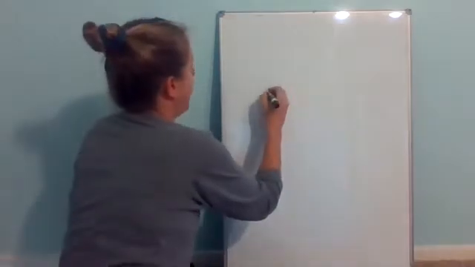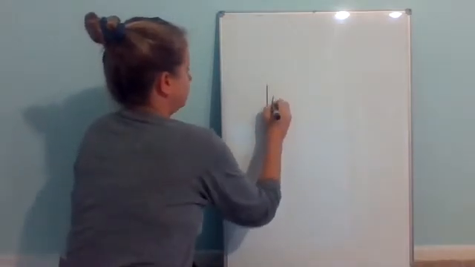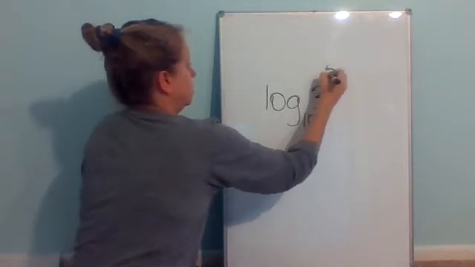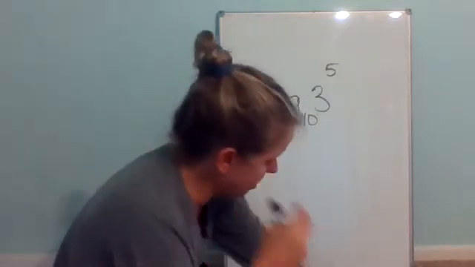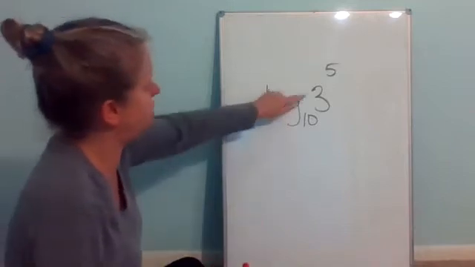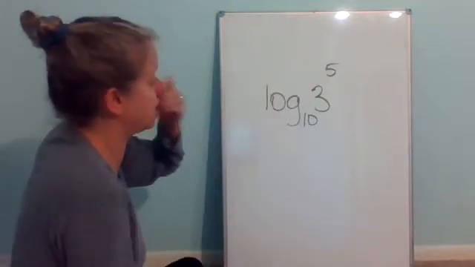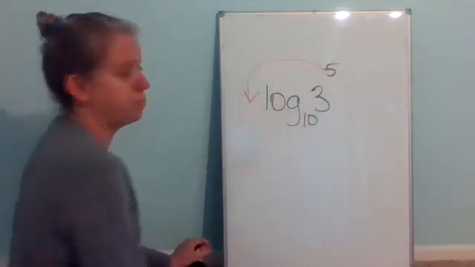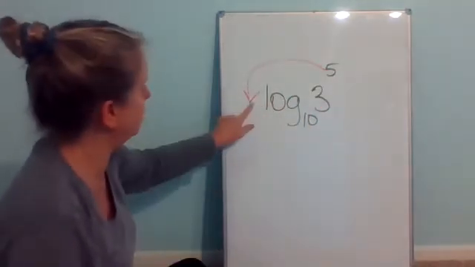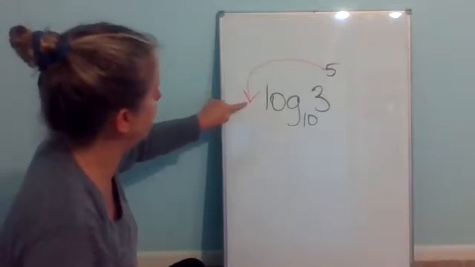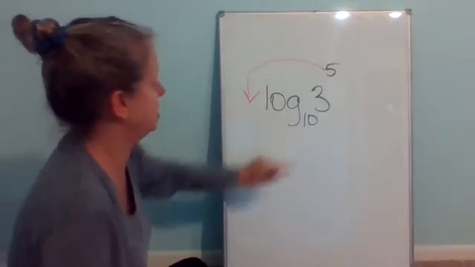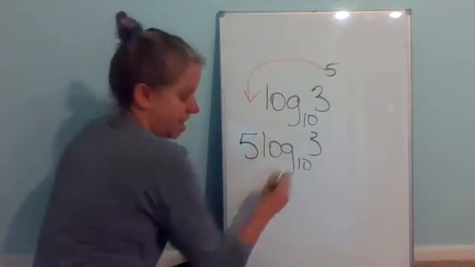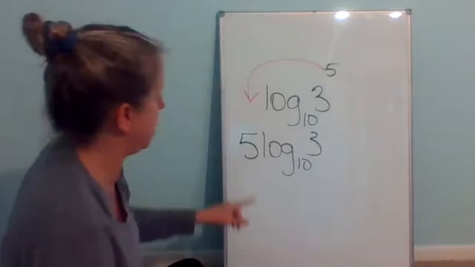For instance, if I had this right here, remember what that log property says is if you have an exponent of your logarithm, it can be rewritten by bringing that exponent down in front of your logarithm and having it be 5 times log base 10 of 3. Again, that's what we did in section 9.5.